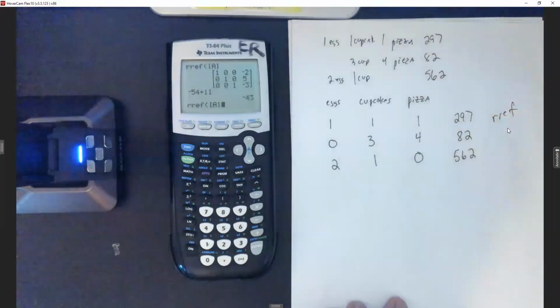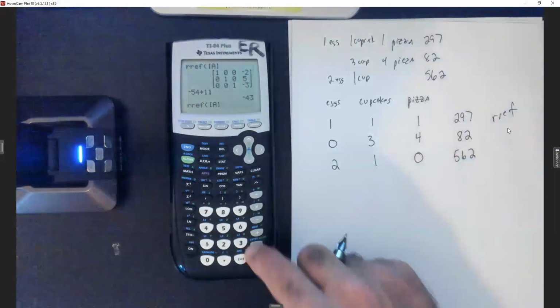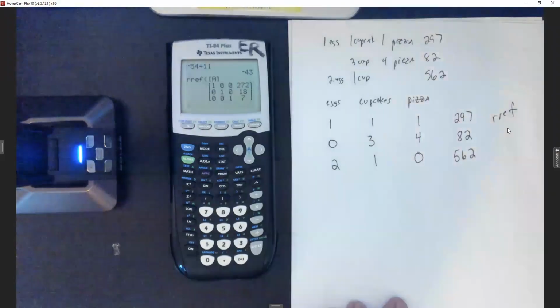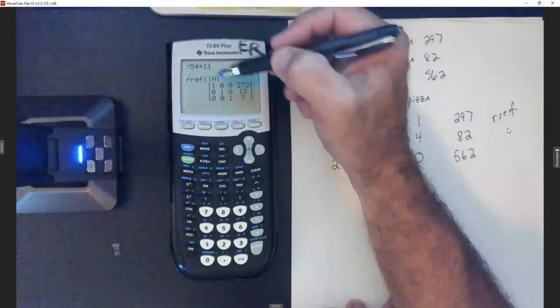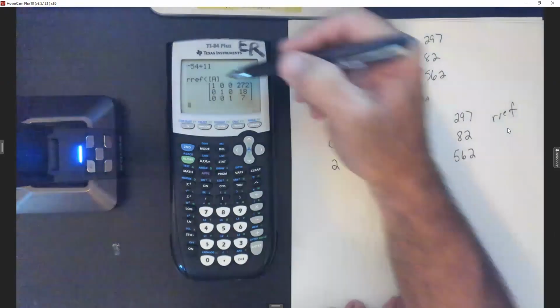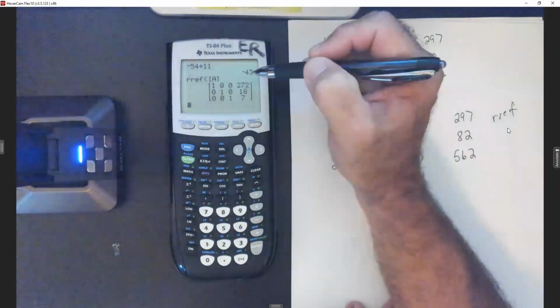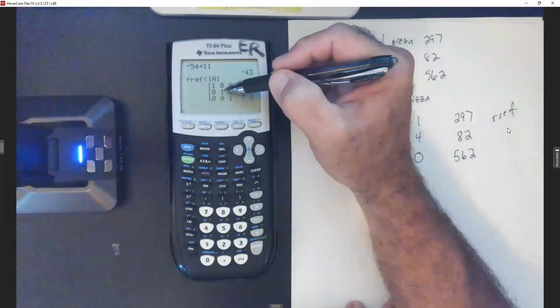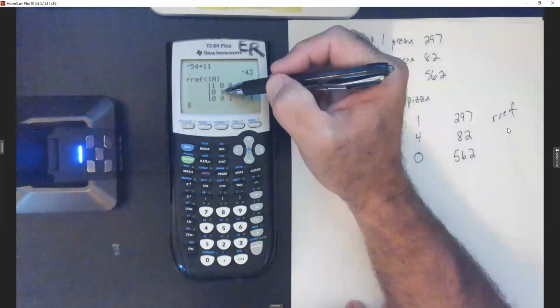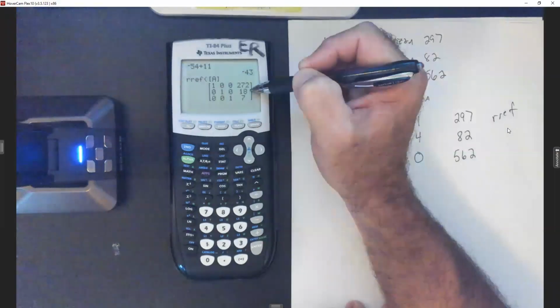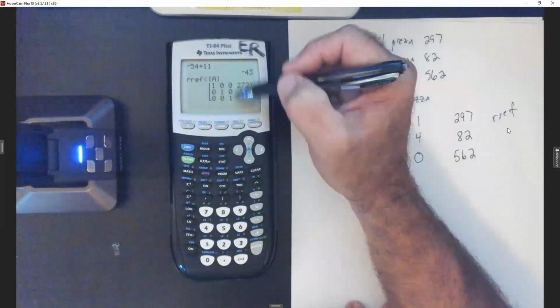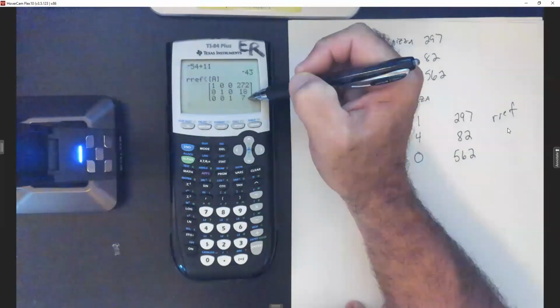So now when I hit enter, it looks like, since the first row was my eggs, eggs equal 272 milligrams. Second row was my cupcakes, so one cupcake is 18 milligrams, and then the last row was the pizza. One pizza is 7 milligrams.